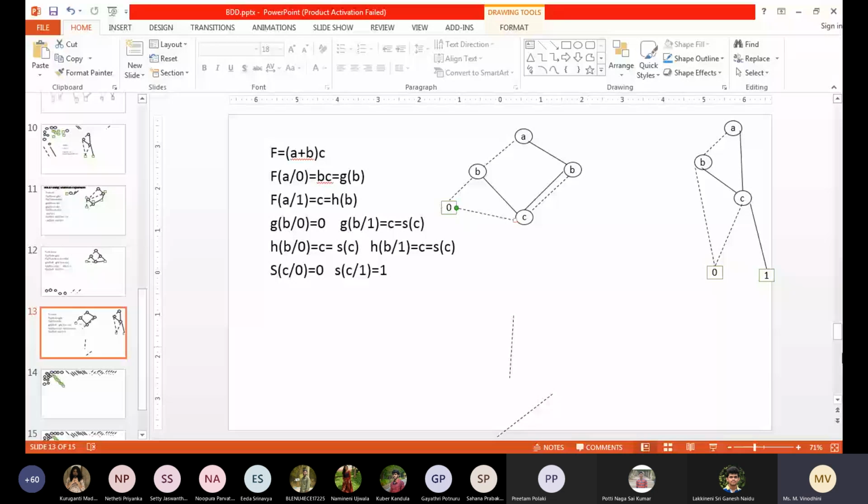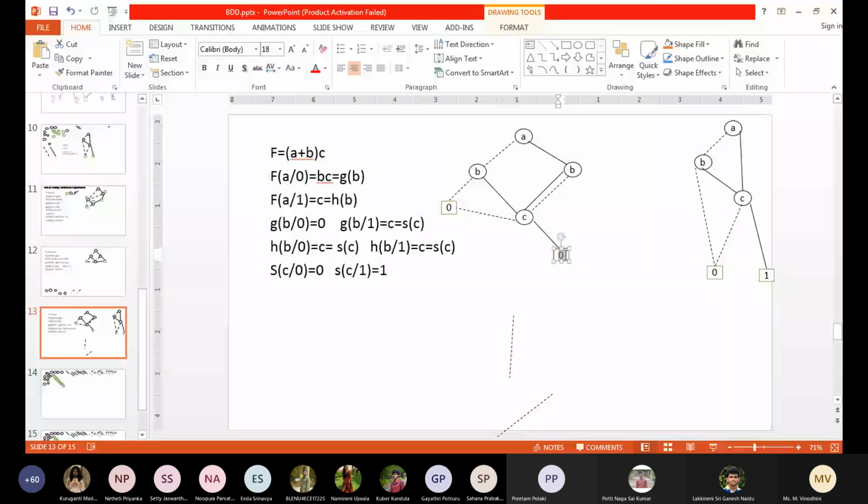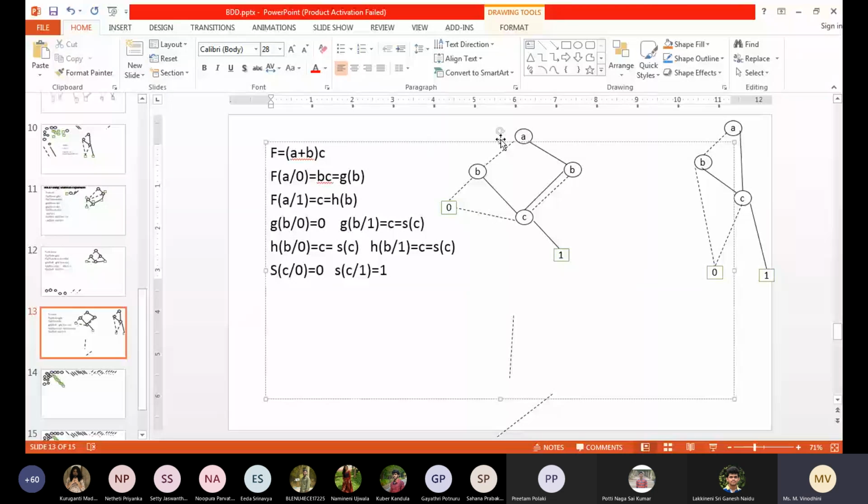S of C when it is 1, it is going to 1. Now completed. This is G of B, 0 means 0, 1 means S of C. This is H of B, when it is 0, S of C, when it is 1 also S of C.